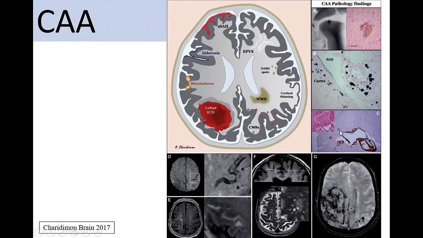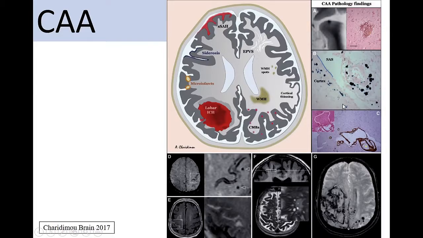Putting these changes together, here's a very nice cartoon showing the siderosis that you see here, for instance, the microhemorrhages, which are here, and then the subarachnoid hemorrhage, everything together. You see here also enlarged Virchow-Robin spaces, which belong to that.